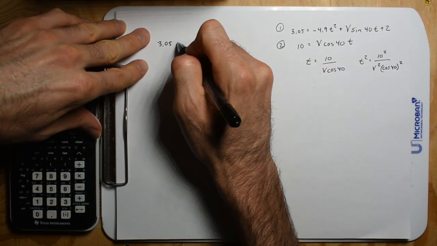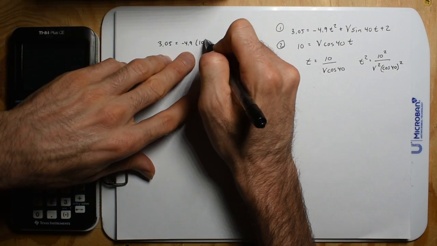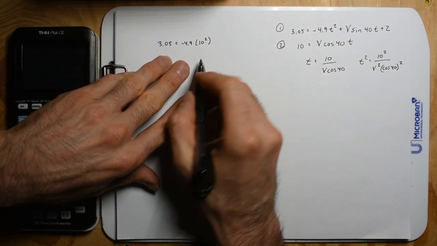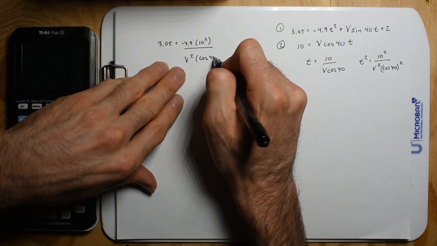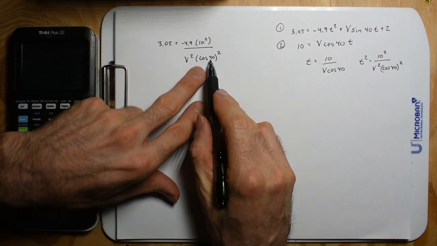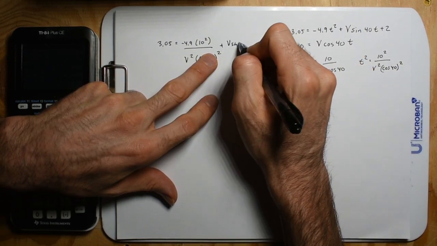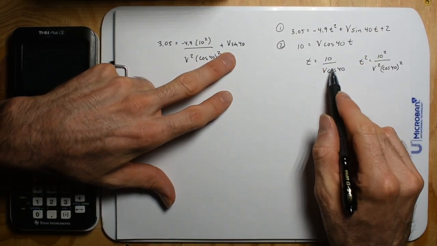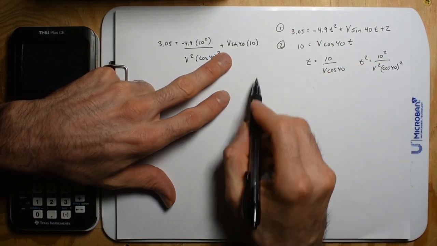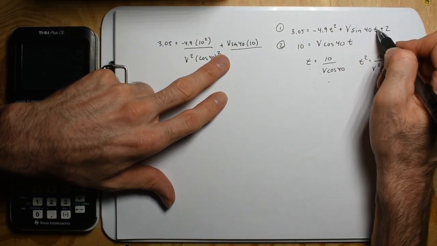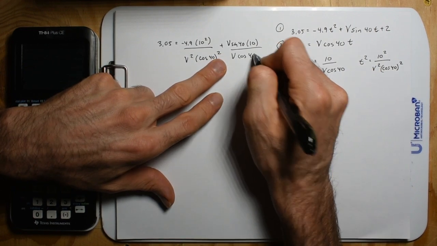So we got 3.05 is equal to negative 4.9 times 10 squared divided by v squared cosine 40 squared, plus v sine 40 times 10 divided by, so now this is the t that goes in there, v cosine 40.